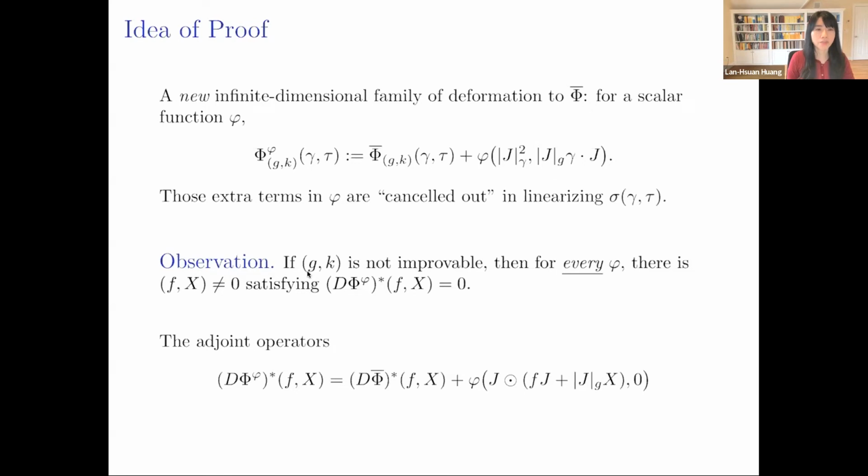So the observation would be if G and K is not improvable, and earlier we showed if it's non-improvable, then the modifier adjoint has a non-trivial kernel. But then this says if this is not improvable, then in fact, for every phi, this phi modifier operator has a non-trivial kernel.